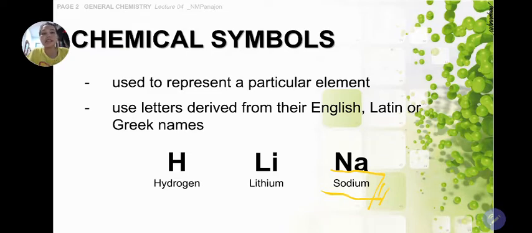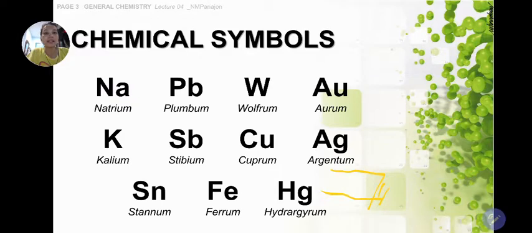We have other examples like Pb, which means plumbum, W for wolfram, Au for aurum, K for kalium, Sb for stibium, Cu cuprum, Ag for argentum, Sn for stannum, Fe for ferrum, Hg for hydrargyrum.